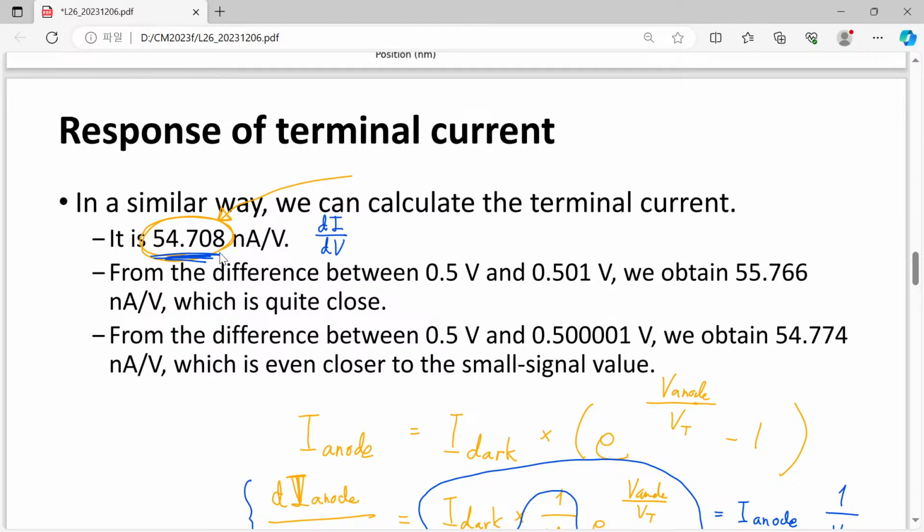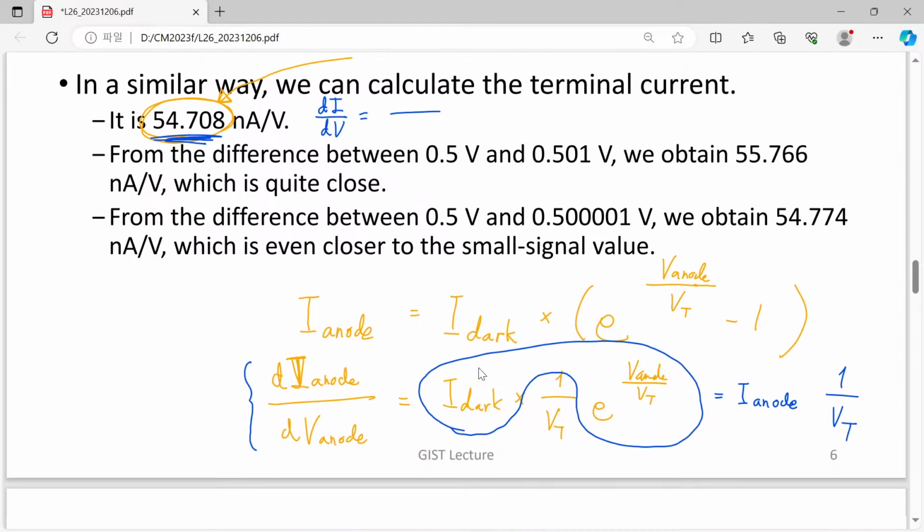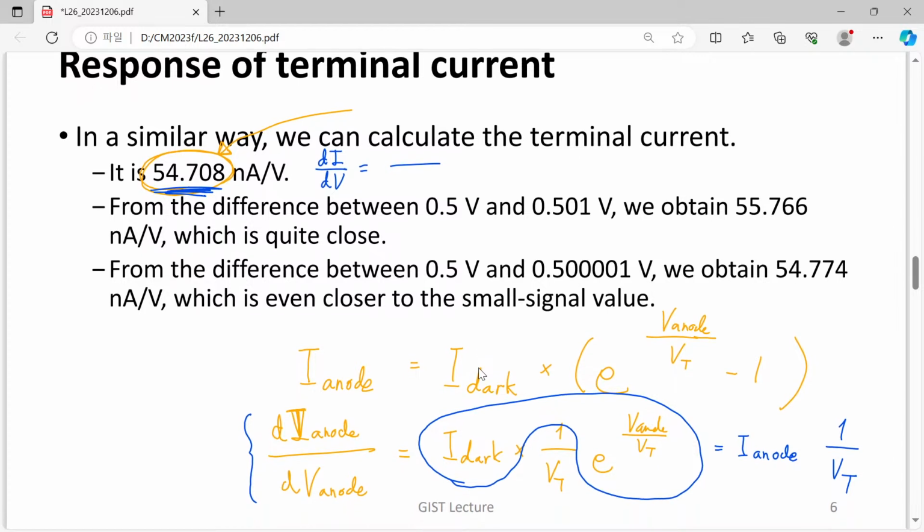Okay, so this is the dI over dV, but it means that, if our exponential dependency is really true, then this is simply given by I divided by our thermal voltage. So then can we justify this kind of observation?